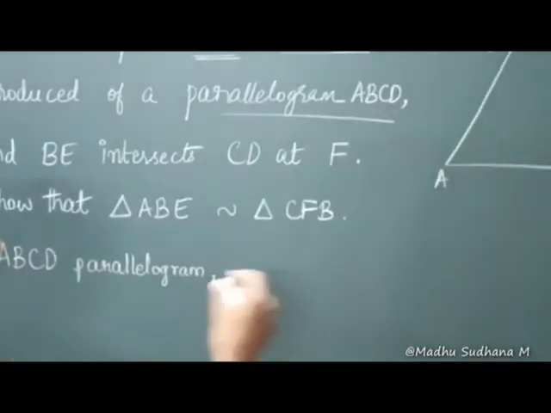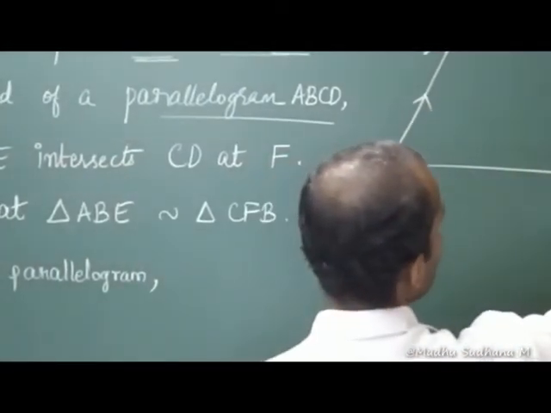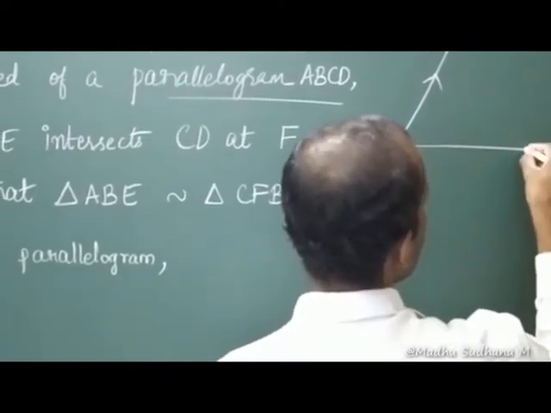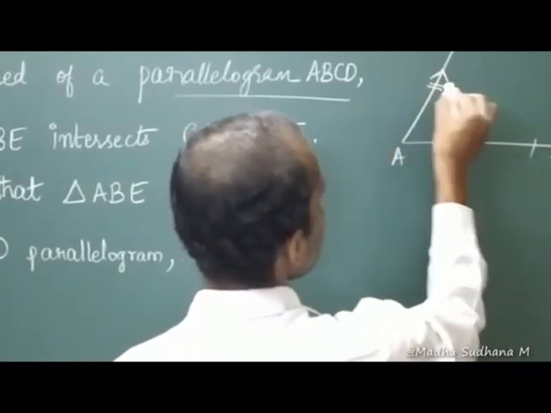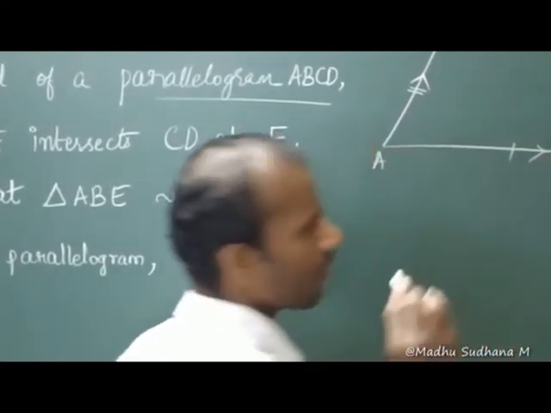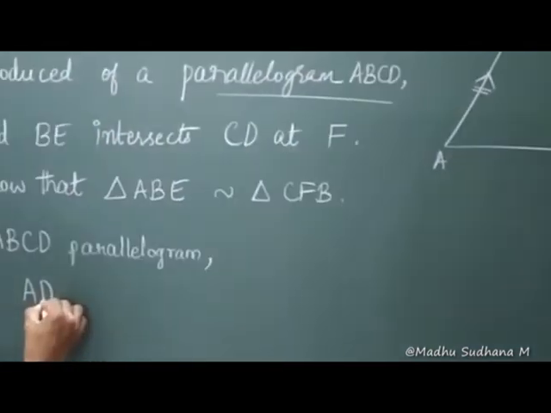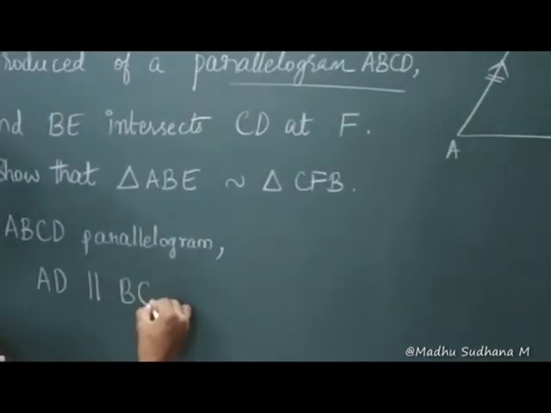See, we have this side parallel to this side, and this side parallel to this side, and this length is equal to this length, and this length is equal to this length. Followed it? So now let us write AD. So A to D and B to C. So AD is parallel to BC.